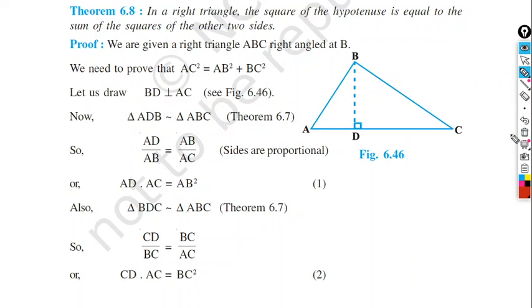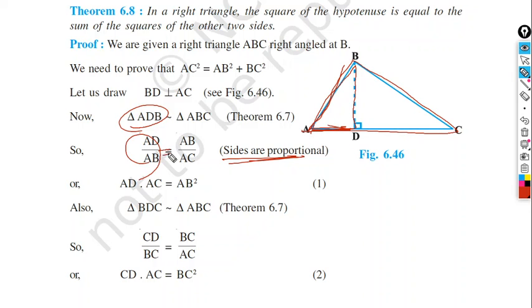Now, as these two triangles are similar, their corresponding sides must be proportional. So in triangle ADB, the corresponding side of side AD will be AB of triangle ABC. Okay. So AD by AB will be equal to, again, side AB of triangle ADB, that means the hypotenuse.